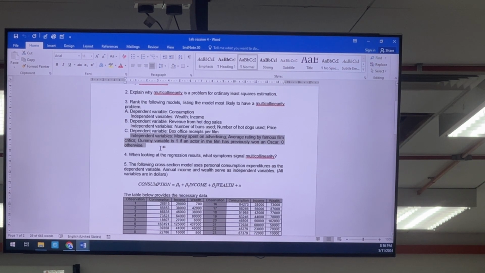The dummy variable is whether the actor has previously won an award or not. So it is quite unlikely for X1, X2, and X3 to have a relationship. If we sort by which is most likely to have the problem, it is B, then A, and C.